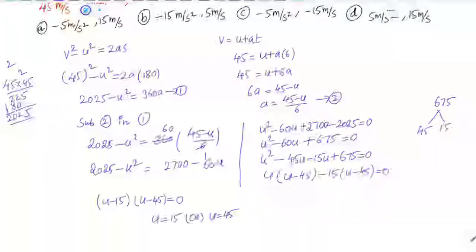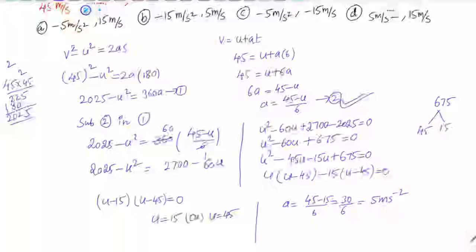But u cannot be 45. Why? Because when you substitute this u in the second equation, you will get acceleration as 0. But you have some acceleration in the options. Therefore, you can consider u as 15. If you consider u as 15, acceleration a becomes (45 minus 15) by 6, which is 30 by 6. So the acceleration is 5 meter per second squared.